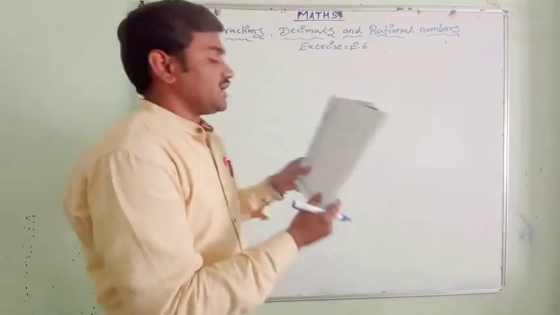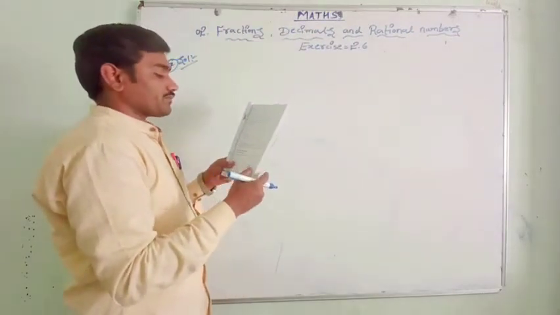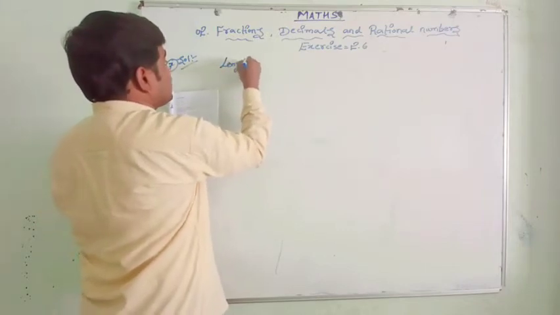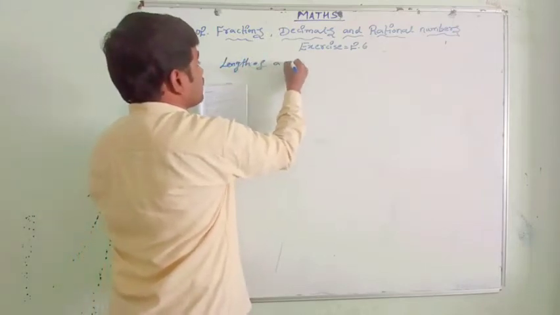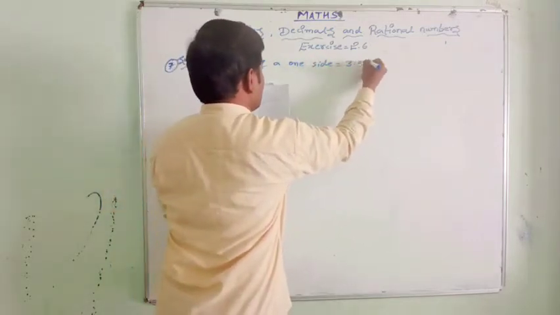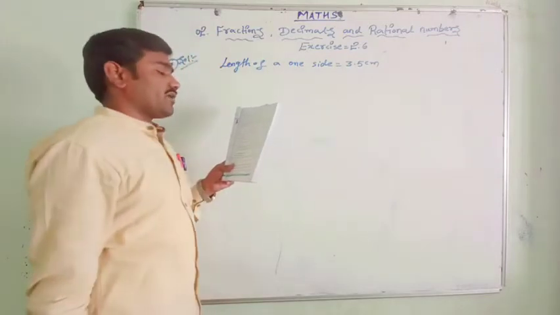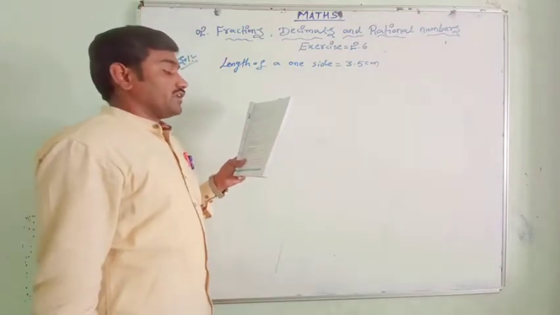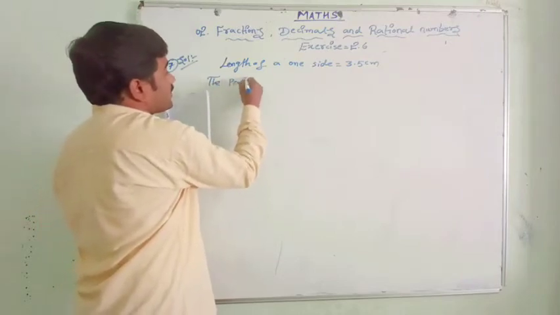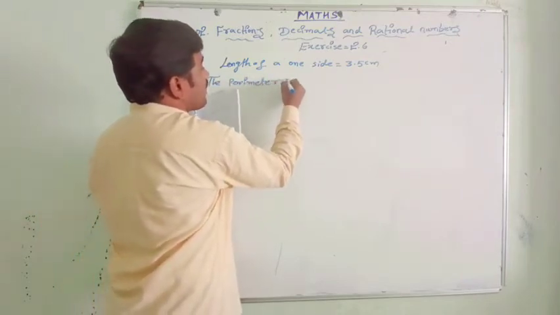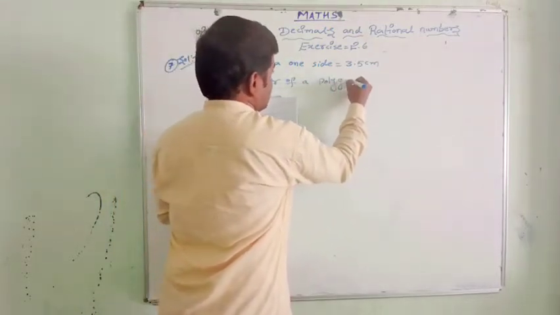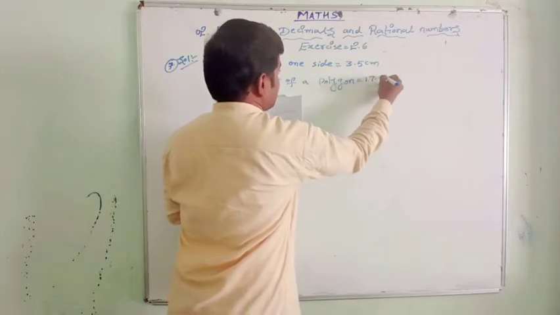Here what is given is a side of a regular polygon, the length of the side is given. The length of one side is equal to 3.5 centimeter, of a regular polygon. The perimeter of the polygon is given: the perimeter of the polygon is equal to 17.5 centimeter.